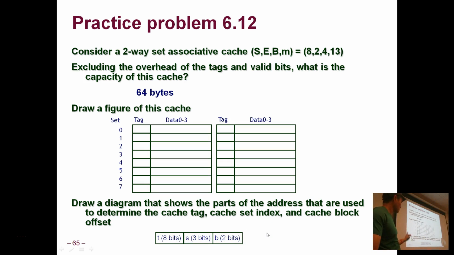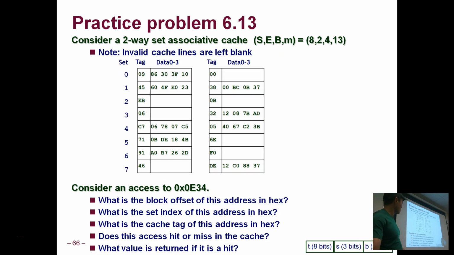Given this, these are the questions that you might get on an exam. I have this identical cache that you had in the previous practice problem. What is the block offset of this address in hexadecimal, the set index, and the cache tag?